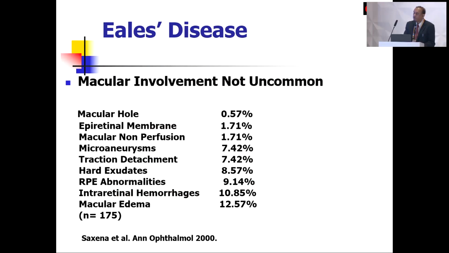Now, macular involvement previously was unknown in Eales, and about 25 years back, I highlighted that macular involvement is not common in Eales, and we presented and published a series of 175 patients.